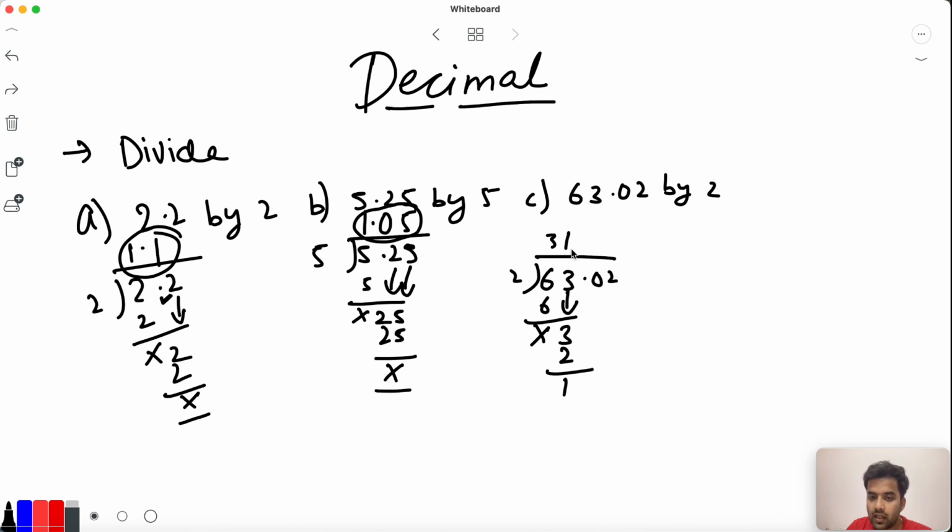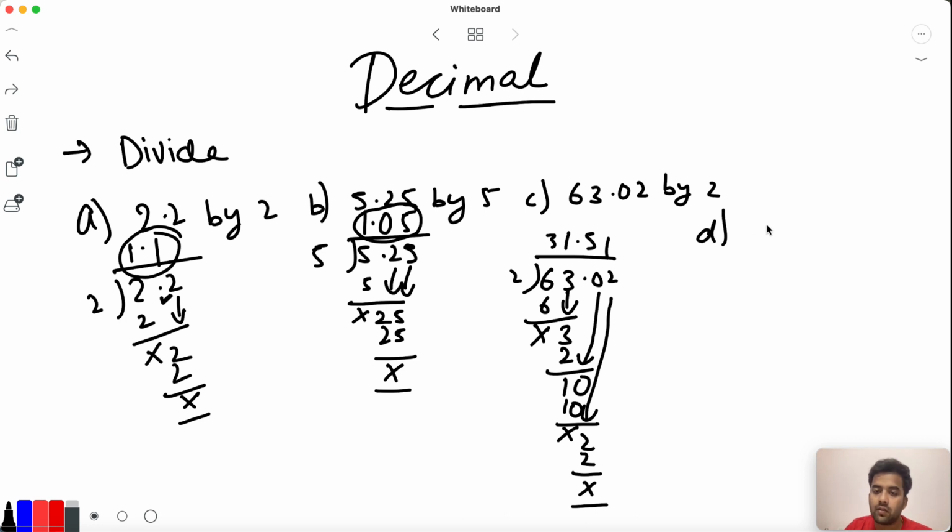Again our decimal started, put the decimal. Now 0 will come down. Whenever the decimal starts here, put it in the quotient. Now 5, 2 fives are 10, cancel, and the last 2 will come down. Again 2 ones are 2, cancel. That's all. You got the pattern now?